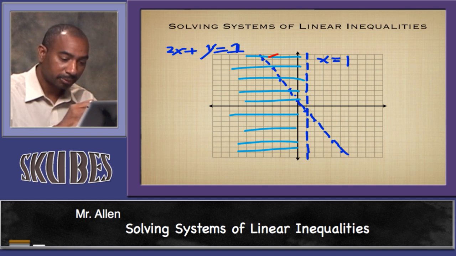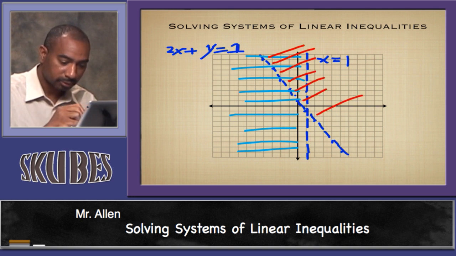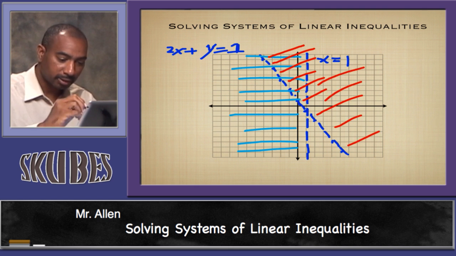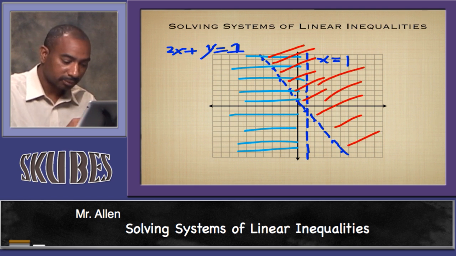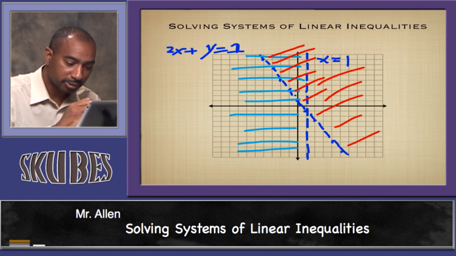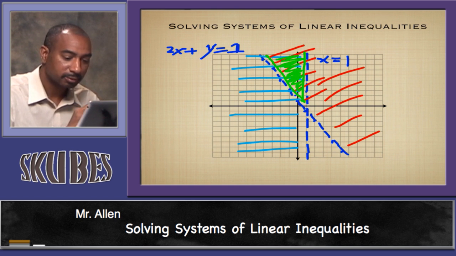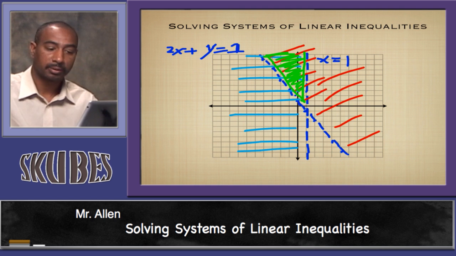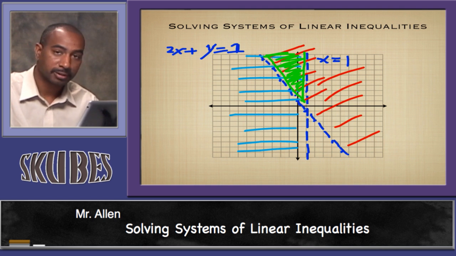So you're including points above this line, but not on the slanted line. So this is how it's going to be. And notice where they intersect is this little region here. You're not including the points on the lines though, but just all the points in between that don't touch those two lines. This concludes our lesson for today.